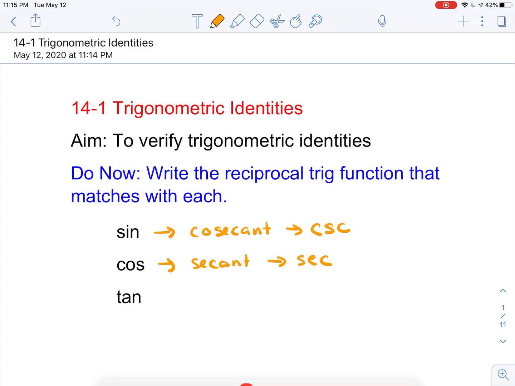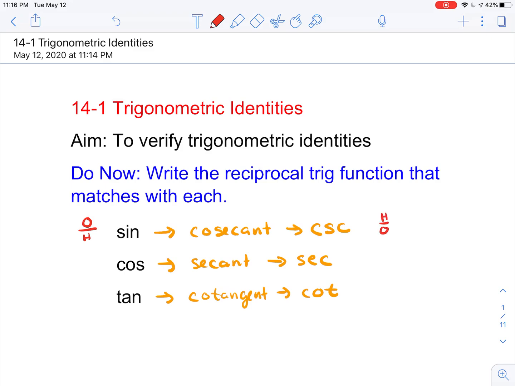Cosine's reciprocal trig function is called secant, which has the symbol SEC. And tangent has the reciprocal trig function of cotangent, which has the symbol COT.